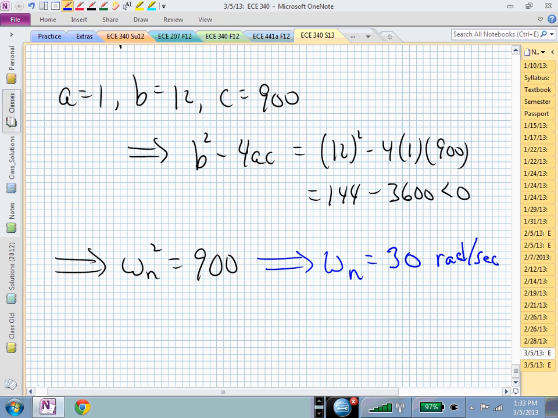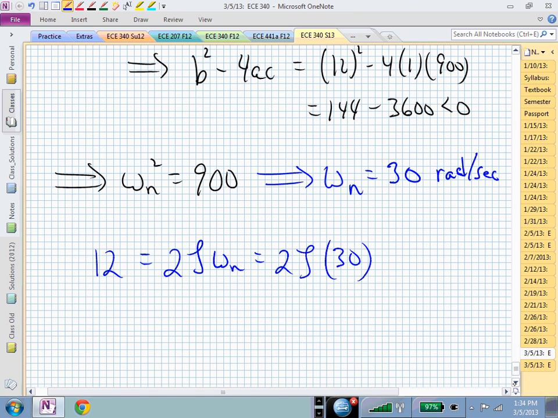Where they are located on this arc that's 30 away depends on the value of zeta, which if we look at this, we now said that 12 was our b, and that's 2 zeta omega sub n. We just calculated omega sub n to be 30.